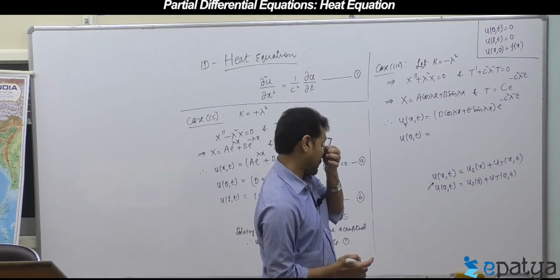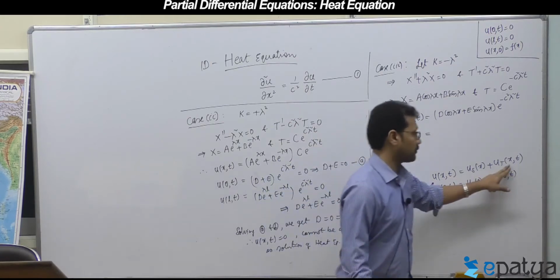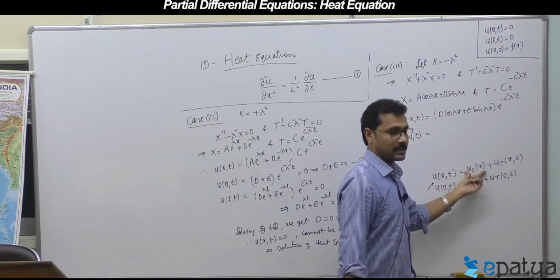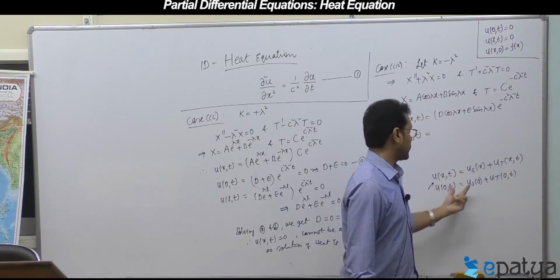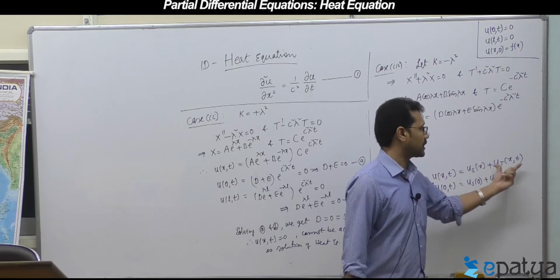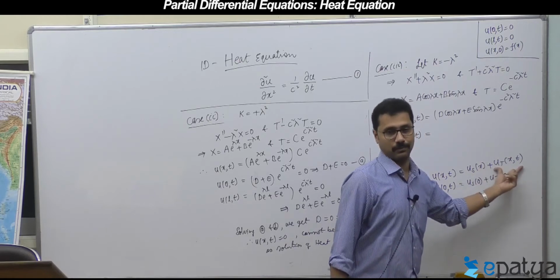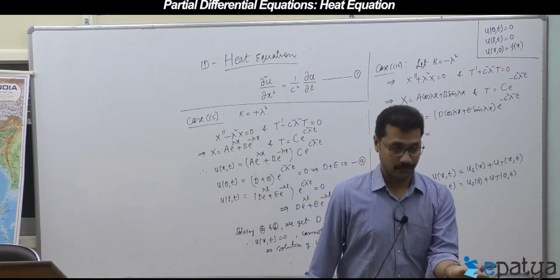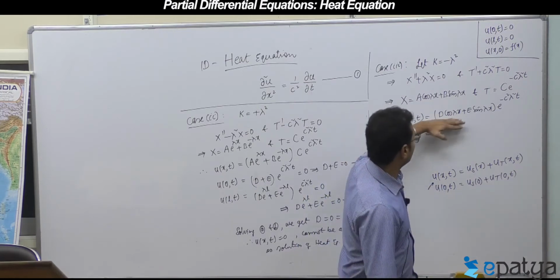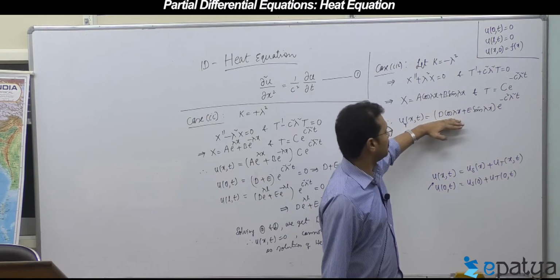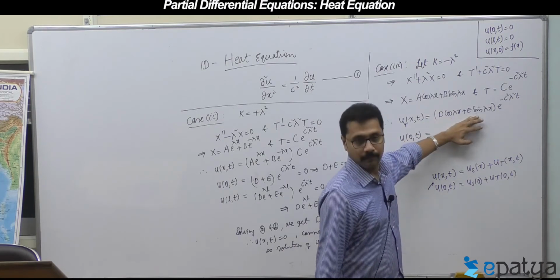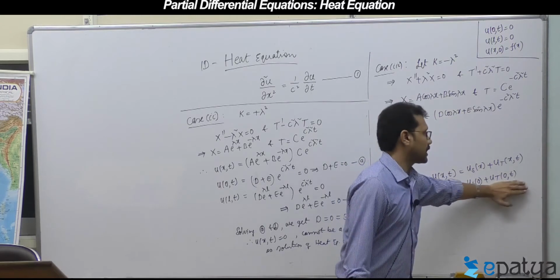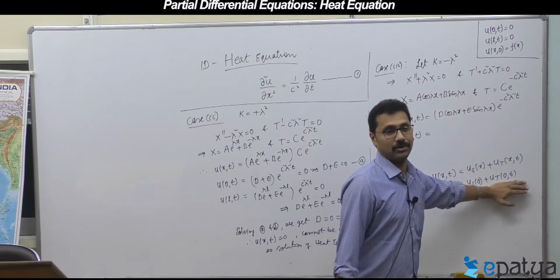Therefore, u of x comma t would be us of x plus ut of x comma t. But since in this present case us is 0, whatever conditions on u are there, it becomes conditions on ut also. Are you getting? Suppose us is non-zero, then to solve this expression and get the values of d and e, you have to use conditions on ut only, not on u.